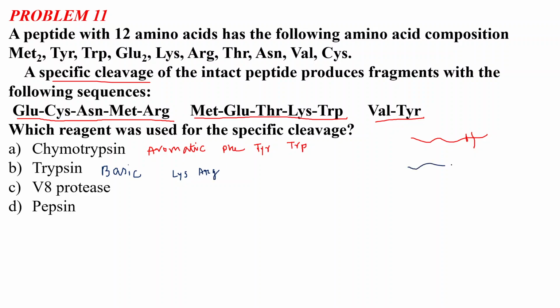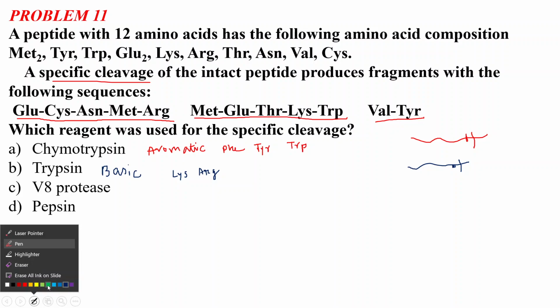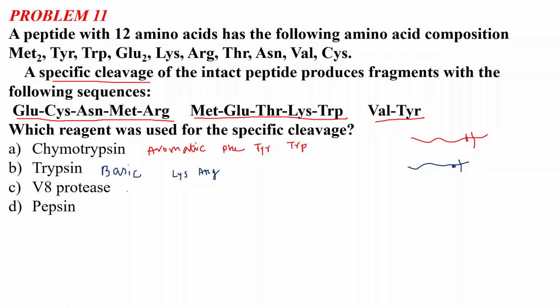Again it cleaves at the C terminal side of these amino acids. Now, V8 protease cleaves at the C terminal side of acidic amino acids. If we have an acidic amino acid like glutamic acid or aspartic acid, then it will cleave at the C terminal side of that amino acid.